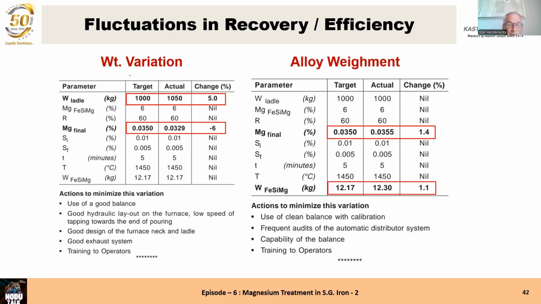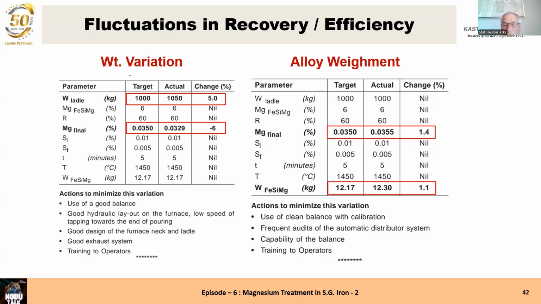You can see the variations. Where can they come from? If your ladle has 50 kilograms more, to give an example, your final magnesium will be 6% lower, 0.06 lower. So it depends on that, but it's also the weighing of the magnesium. It's everything you do.